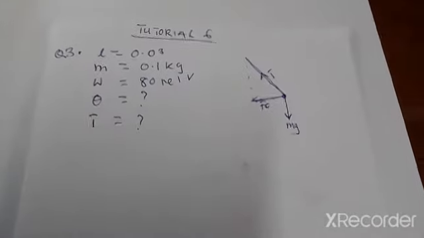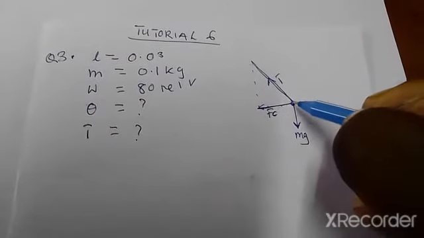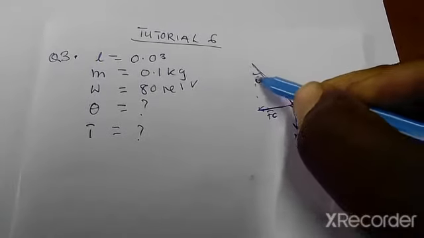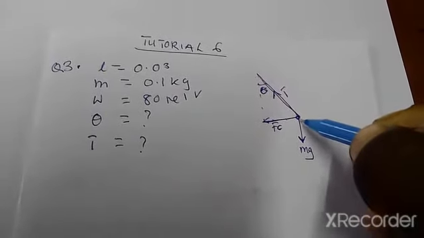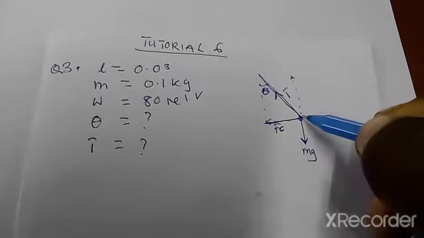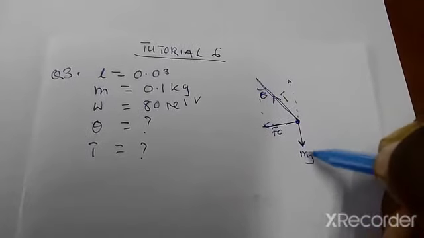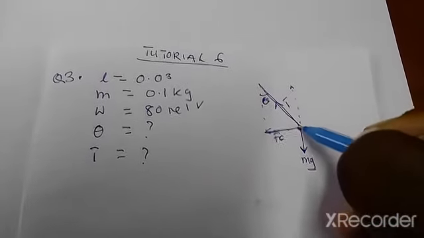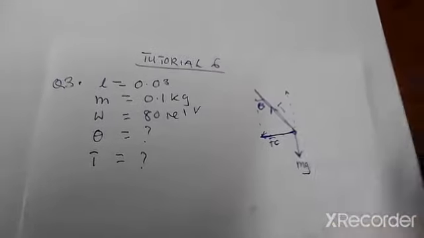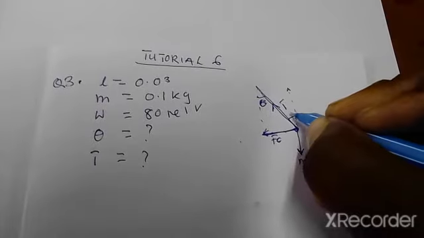Now if you look at the tension, you notice that the tension is acting at an angle. Since it is acting at an angle, it acts in component form. The vertical component balances with the weight of the body, and then there's the horizontal component.